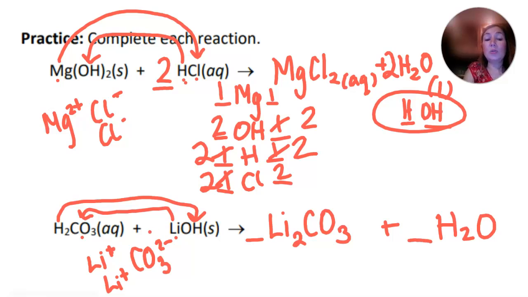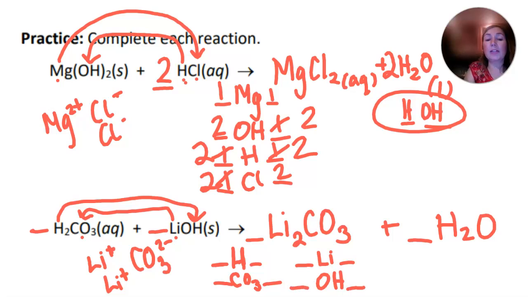Then we need to balance. So again, let's do H first. Let's do H's alone. Let's do CO3. I'm out of room here, so I might have to do these separately. Let's do lithium, and let's do OH's. We're just making separate little lists here.